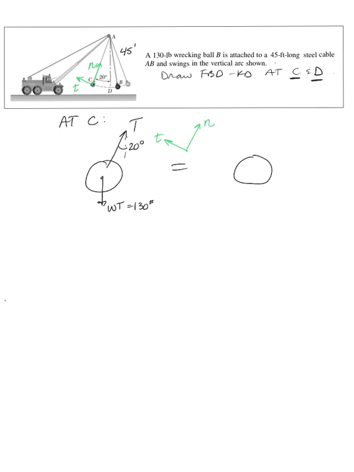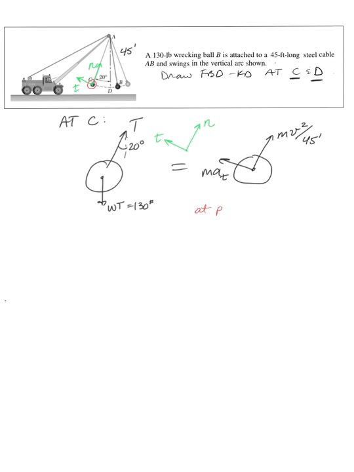So there's my tangential, there's my normal direction. And back here, I've got mass times v squared over 45 feet, and mass times tangential acceleration. Now we start applying a little bit of insight here. Up at point C, we're at the highest point on the arc.